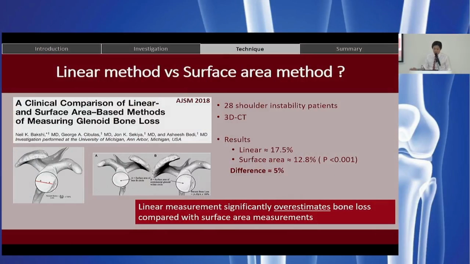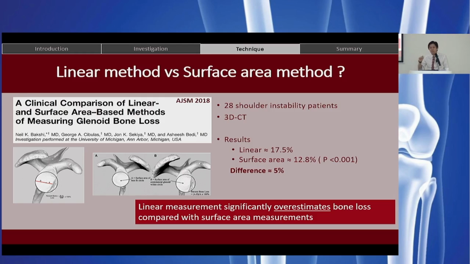Yes, it has an effect because it depends on the threshold you have. Let me show you. As seen in this study, if you calculate with the linear method, it's equal to around 17.5%. But if you use the surface area, it's equal to around 0.8%.